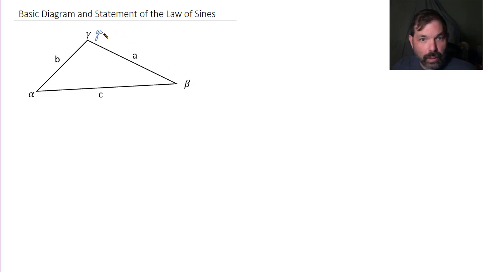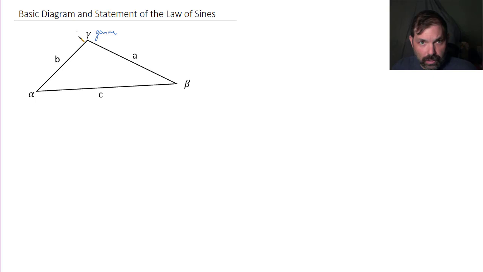So a and alpha are opposite, b and beta are opposite, c and gamma are opposite. So let's build the law of sines. And it's actually fairly simple to build.